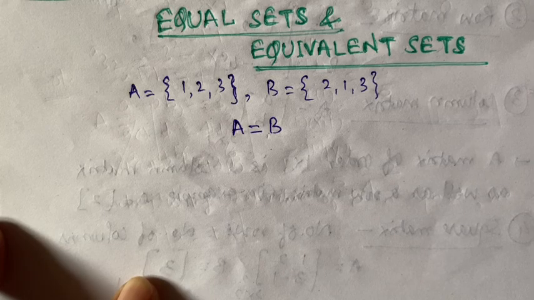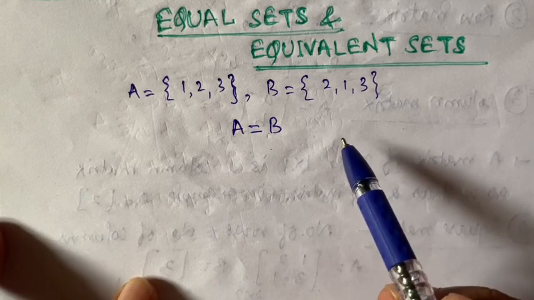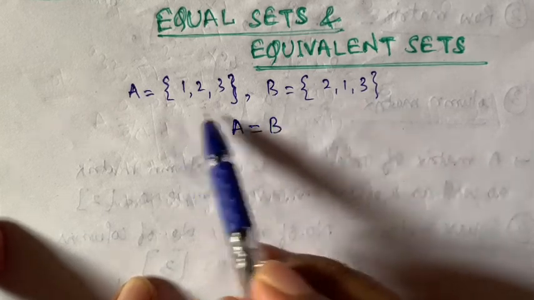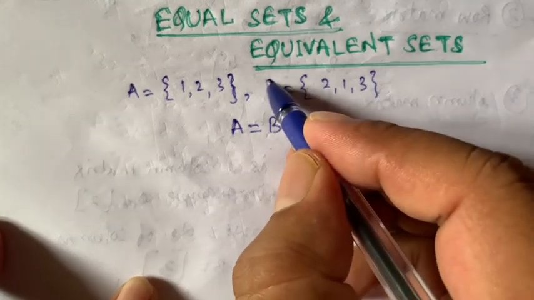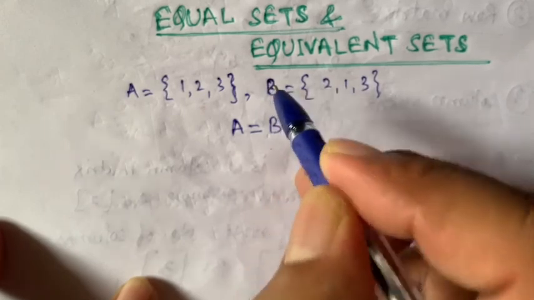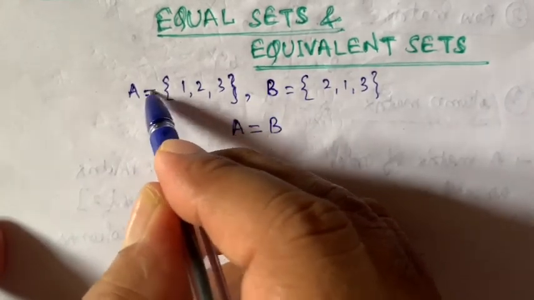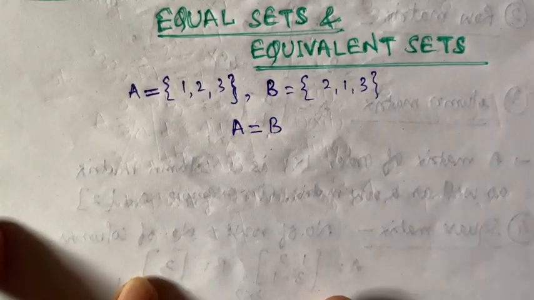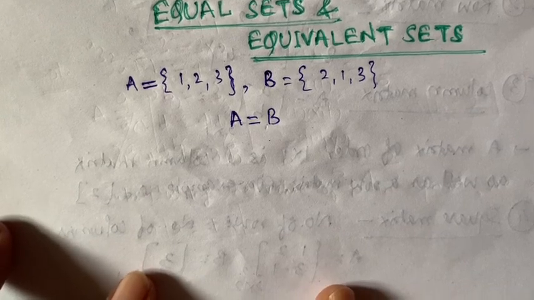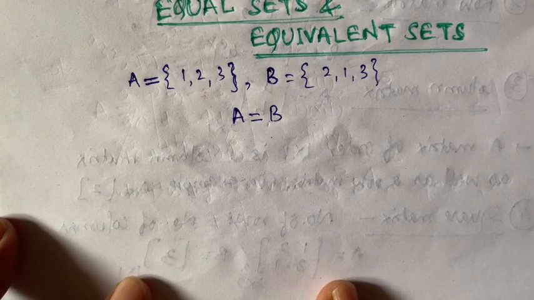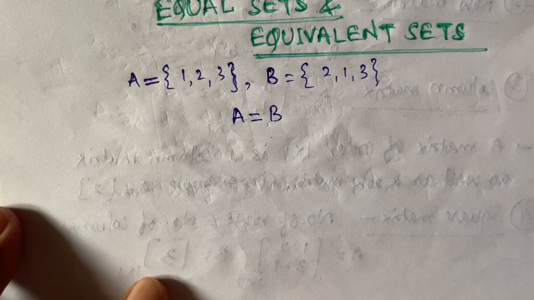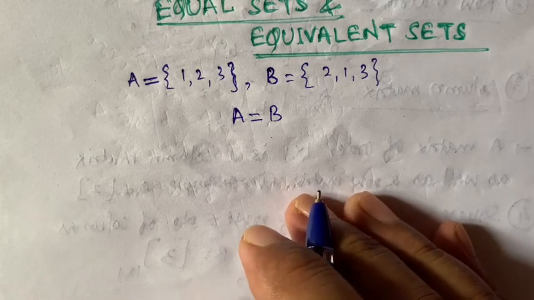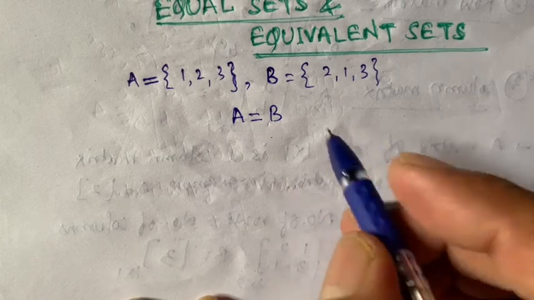Now here comes one more thing, that here the orders are not the same. Then we have a question whether the order of elements matters while we write the elements of a set. Actually orders do not matter while we write the sets in roster form.